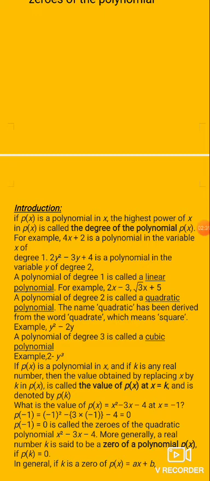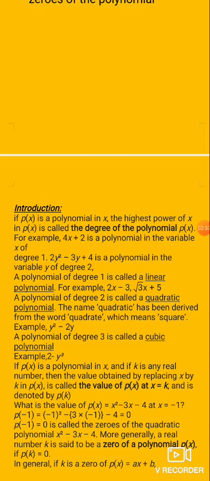Now, first one, listen carefully. What is the value of p of x is equal to x square minus 3x minus 4 at x is equal to minus 1? Instead of x, we need to substitute minus 1. So, p of minus 1 is equal to minus 1 square minus 3 into minus 1 minus 4.